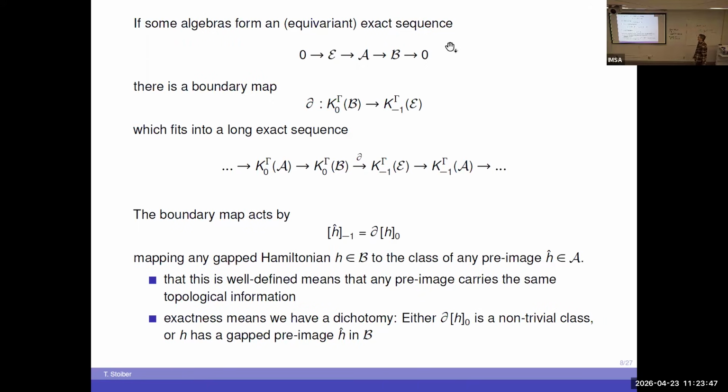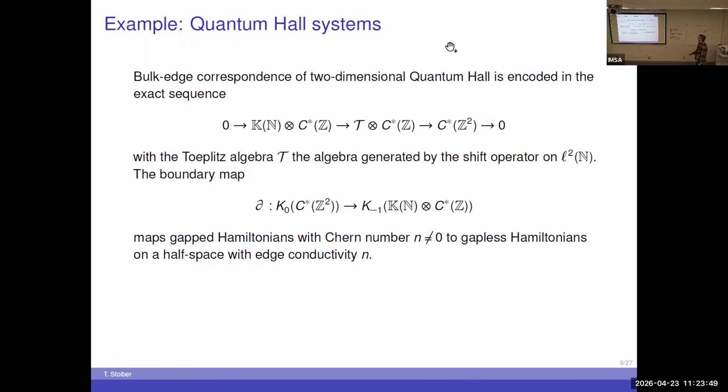So all of this is very, very abstract. So let's see how this plays out in practice. This basically goes back to what Hermann did with Johannes Kellendonk and Thomas Richter, who proved that these kinds of exact sequence mechanisms explain exactly the bulk-edge correspondence for quantum Hall systems. So for quantum Hall systems, you set up algebras where you have a bulk algebra, which is the group C star algebra of Z2.